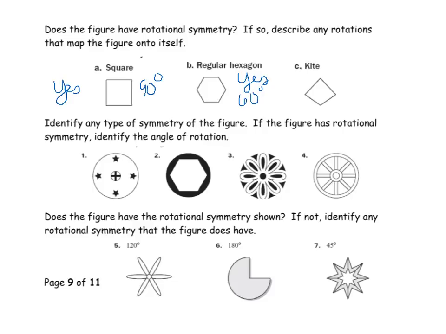Our kite does not. I have to rotate it all the way back around before it looks like itself again. So it does not have rotational symmetry. So from these first 2 examples here, I want you to be thinking about how you get rotational symmetry from the shape of the figure.